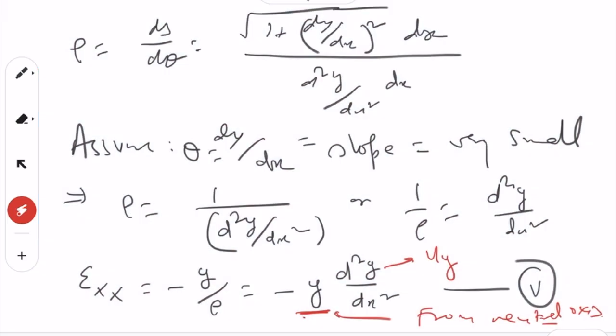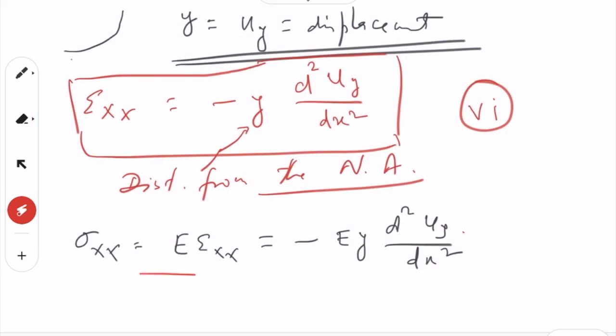So although we got some equation for the stress, so far we know the stress is equal to minus E y multiplied by this, which we can also write as E y over rho.